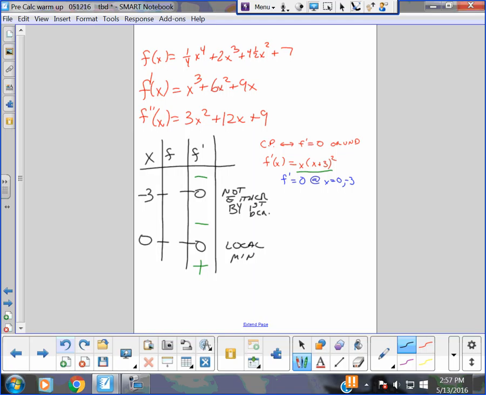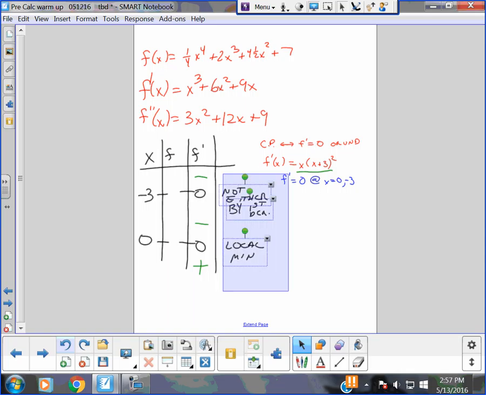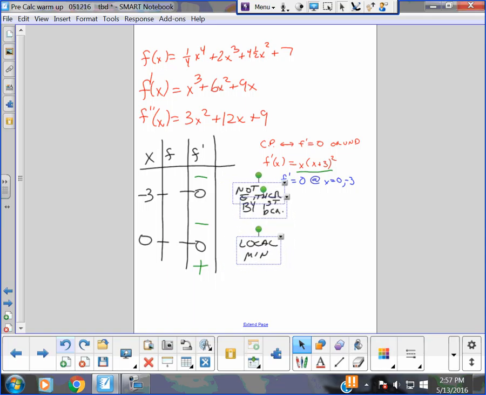One thing we know for a fact, without even taking the second derivative: if I put f double prime in here, at this point, if it's a local min, I guarantee the second derivative has to be positive at 0 at least. Because that's the second derivative rule. Again, these are both located in your book in section 4.3. These are guaranteed to be on your test.